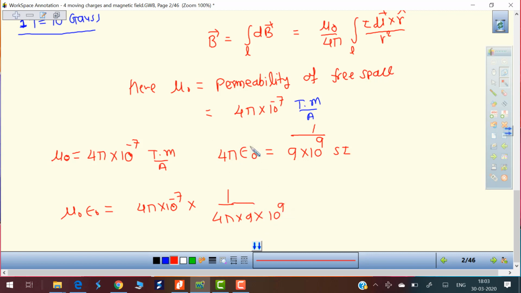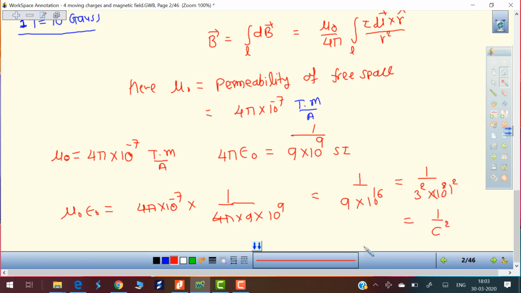So the 4 pi will cancel out, and the minus goes down. So it becomes 1 upon 9 into 10 raised to 9 plus 7, which is 16, and 9 is the square of 3 and 10 to the 16 is the square of 10 to the 8. So this is nothing but 1 upon c square.